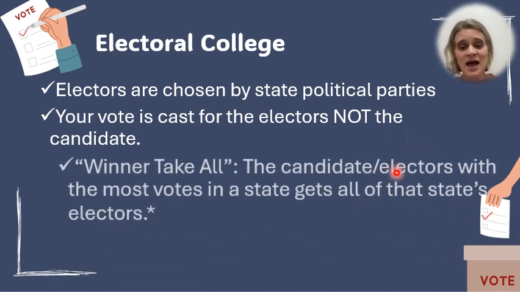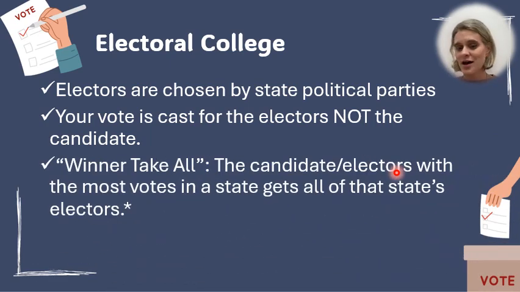Then what happens after the general election in November? Those electors in December will go on to cast their official ballot as part of the Electoral College. Almost every state, 48 of our 50 states, are under what's called a winner-take-all system. So what this means is the candidate in that state with the highest votes, the biggest popular vote, gets all of that state's electors.